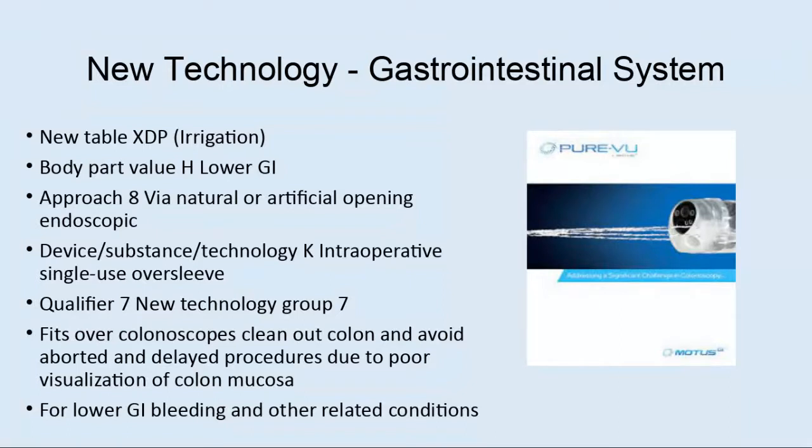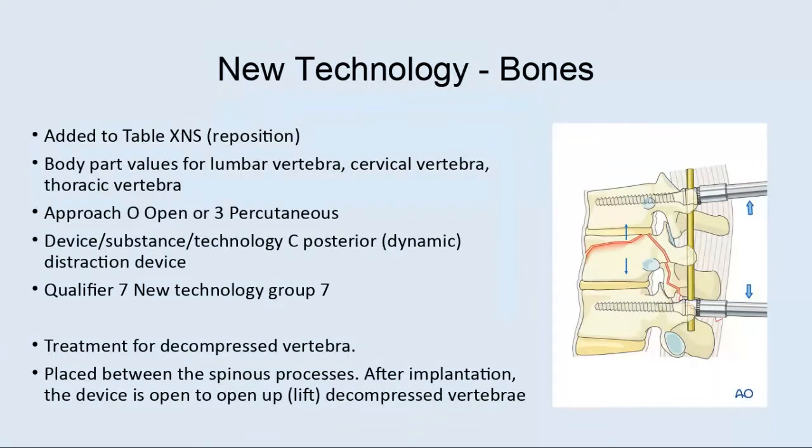So it fits over the colonoscope to clean out the colon and avoid having to abort or delay the procedure because they can't see what they need to see. Okay, so it's a single use. And this is used for colonoscopies for GI bleeding and other related conditions. So when it's not cleaned out well enough, it can use this.